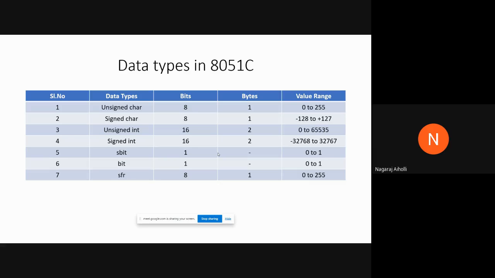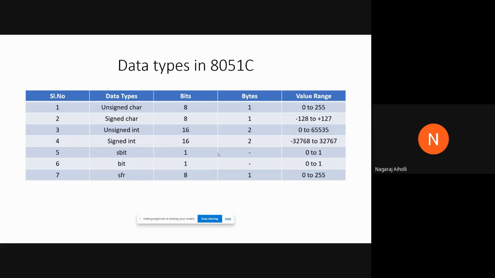It is also 8-bit, but it can store both negative as well as positive values, from -128 to +127. Unsigned character can store only positive values.